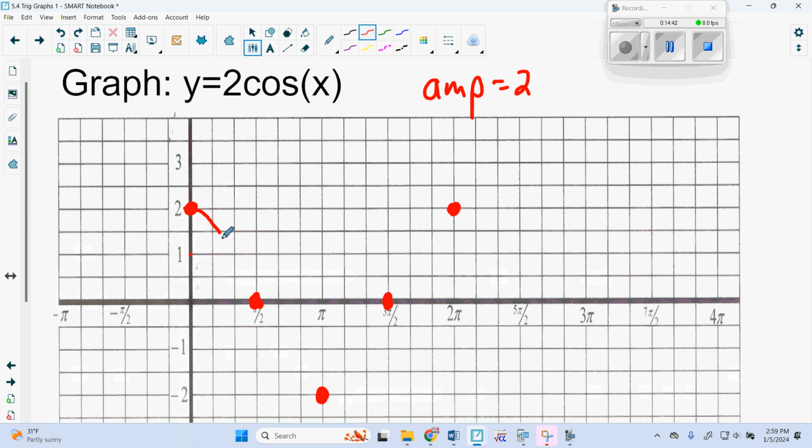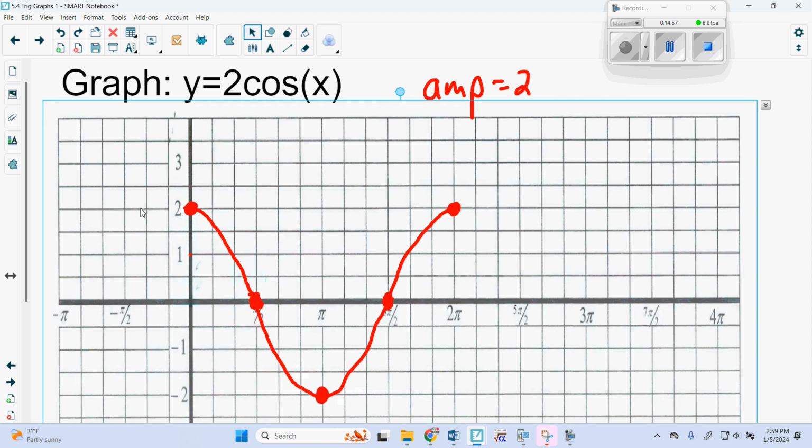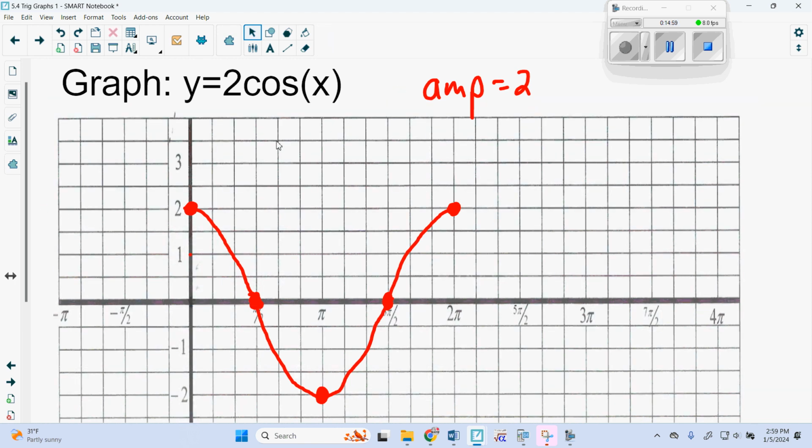And then we're going to graph this by trying to do the best we can to draw our curved lines through our cosine. We are only going to graph one period, okay, because we know we could take that shape.